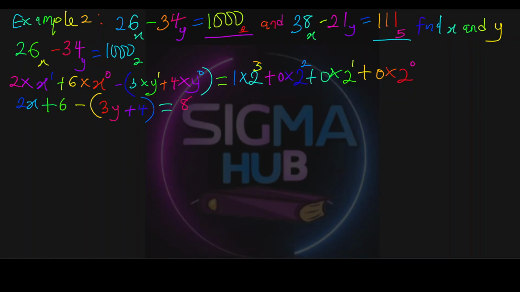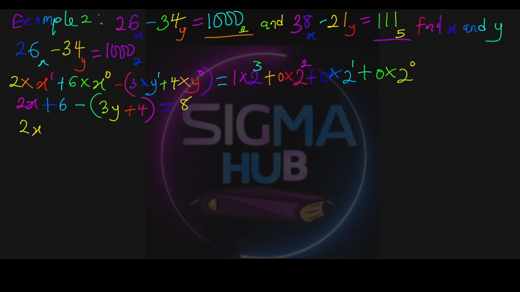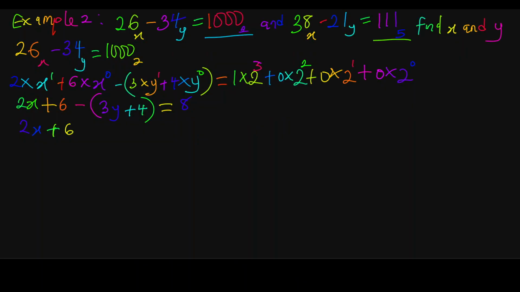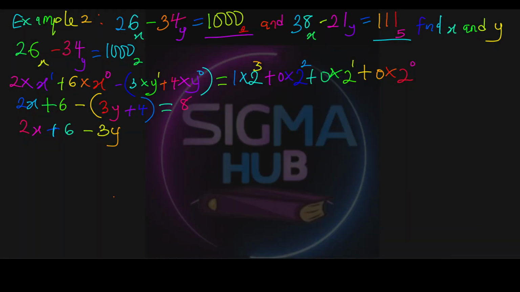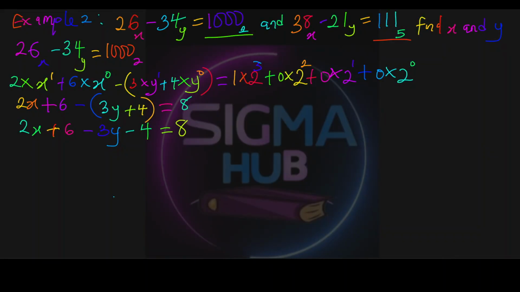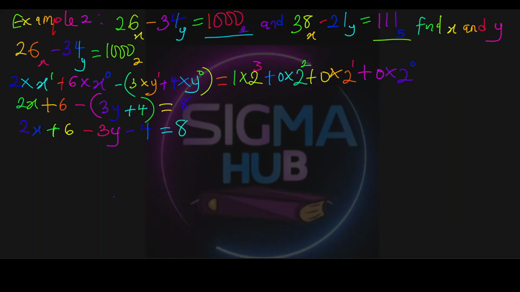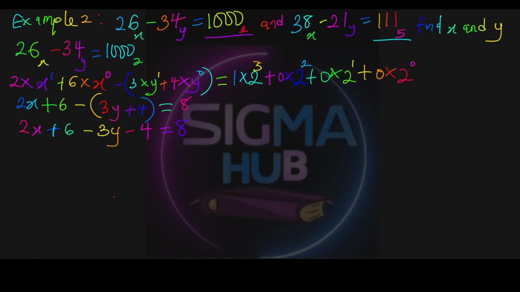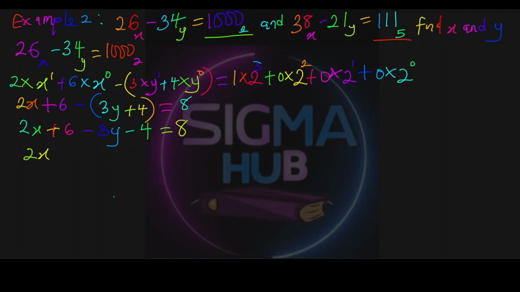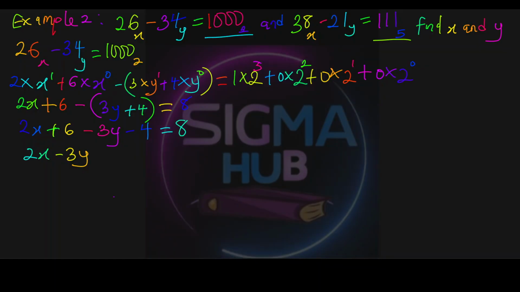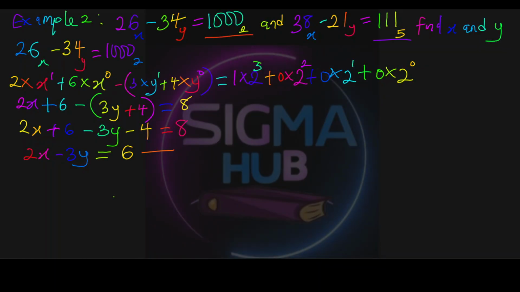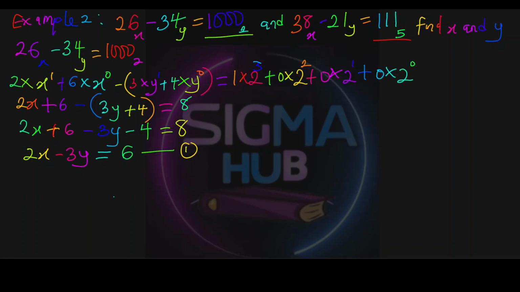So from here, we have 2x plus 6 minus 3y minus 4 equal to 8. So 6 minus 4 is going to be 2. When you bring 2 to the right hand side, it's going to be 8 minus 2, and that will be 6. So we have 2x minus 3y equal to 6. So we get equation 1 from this.